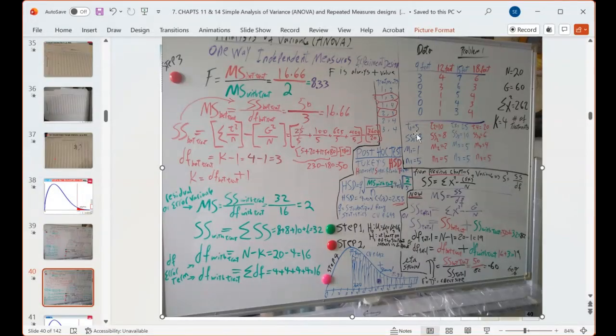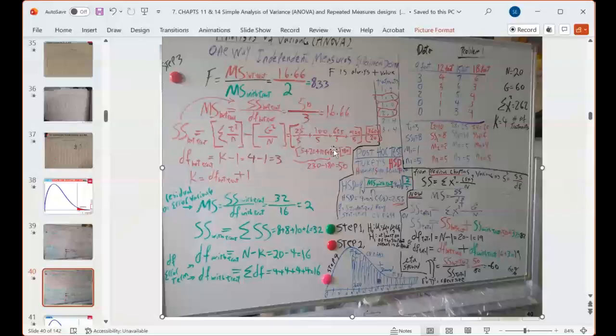So here T means total, and your numbers for total are 5, 10, 15, and 20. So you square them, and you can see the square of the first one, 5, is 25, 10 is 100, then the next one, 15, is 225, and 20 is 400. And the denominator N is the same for every one of them, 5, 5, 5, 5.